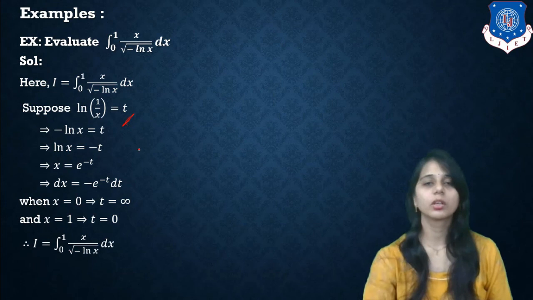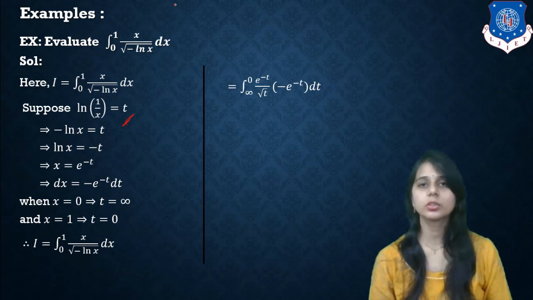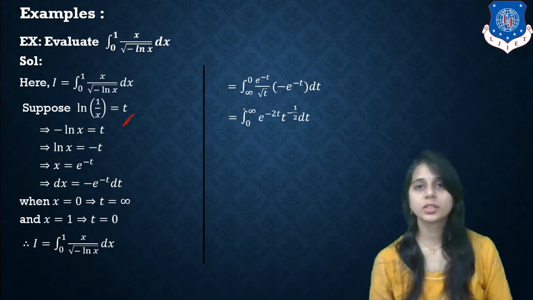So we are converting the integral into t form. We get infinity to 0, e raised to minus t, under root t, minus e raised to minus t dt. Now it is 0 to infinity e raised to minus 2t, t raised to minus 1 by 2 dt.